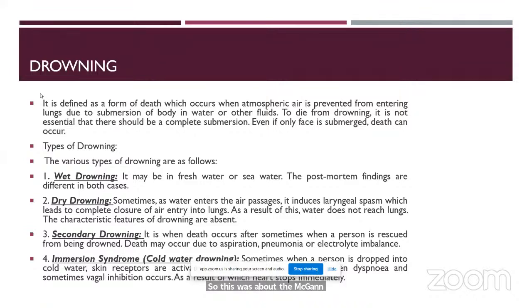Now there are certain causes of death in drowning. The first cause which we can discuss is asphyxia, the commonest cause, and the second cause is vagal inhibition. This may be seen in some cases of cold water generally.